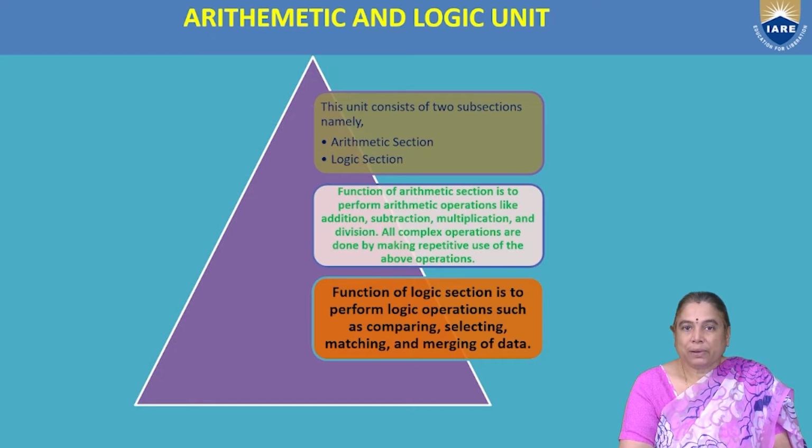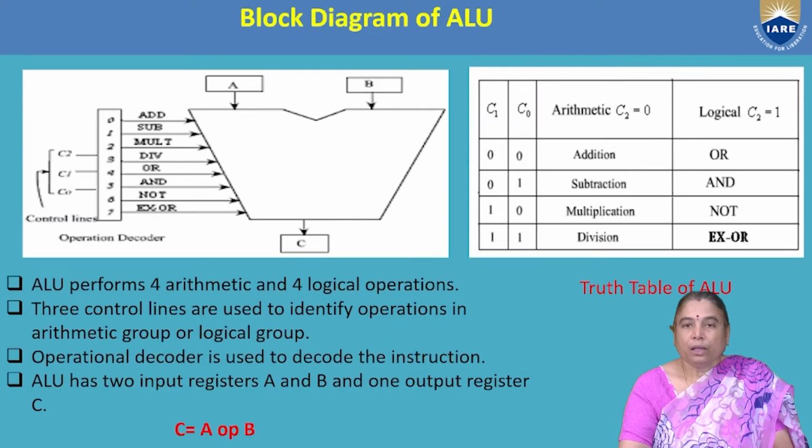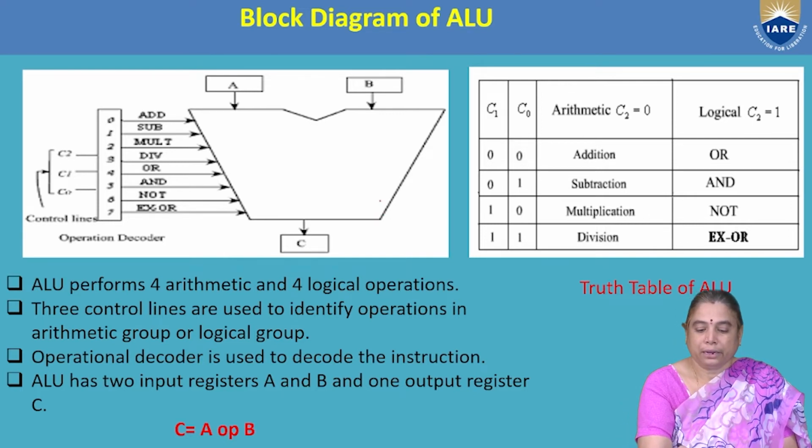The basic arithmetic operations like addition, subtraction, multiplication, division, and the logical operations like AND, OR, NOT are carried out with the help of the arithmetic and logical unit. How these operations can be performed with the help of the arithmetic and logical unit can be illustrated with this circuit. So here this is the ALU.